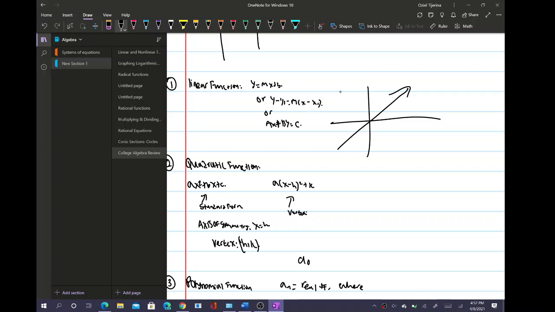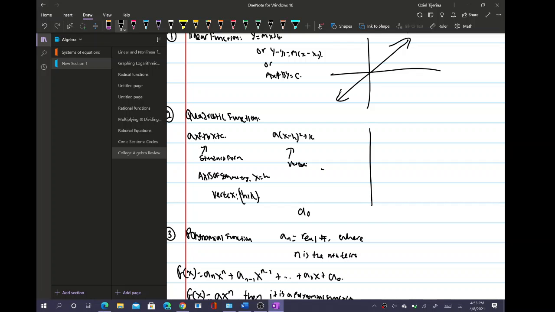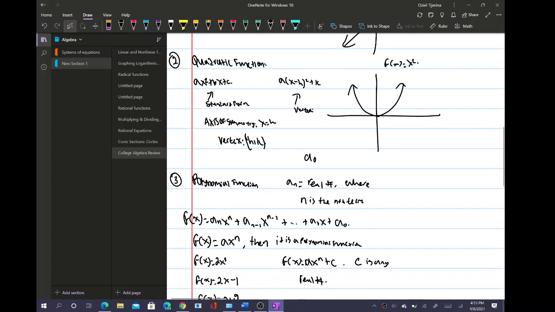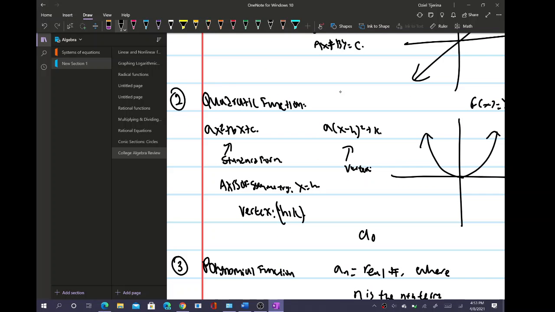This is the parent function f of x equals x. For the quadratic function, the parent function is f of x equals x squared, so you're going to have something like this, a parabola. We also know parabolas, that's a common term.